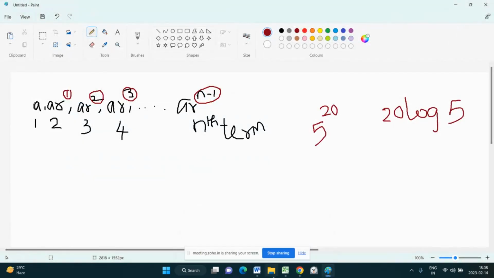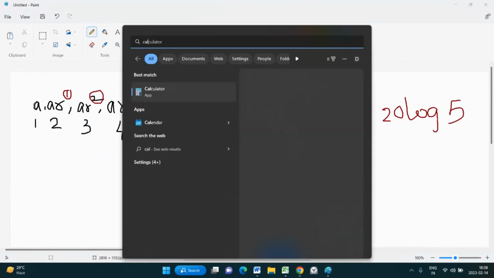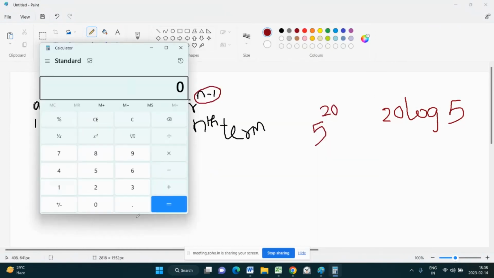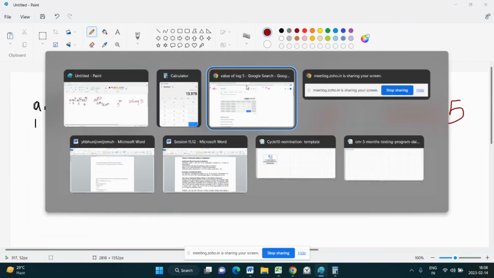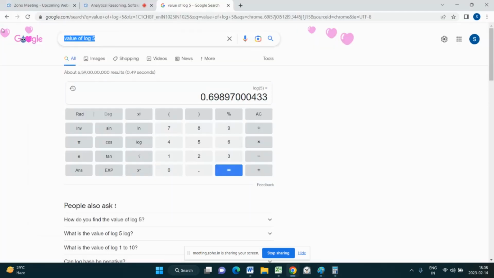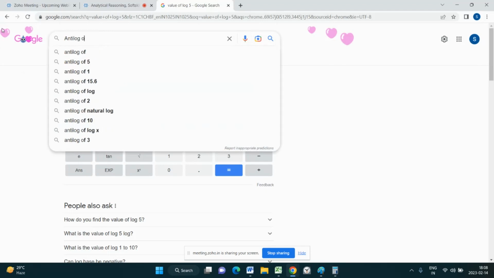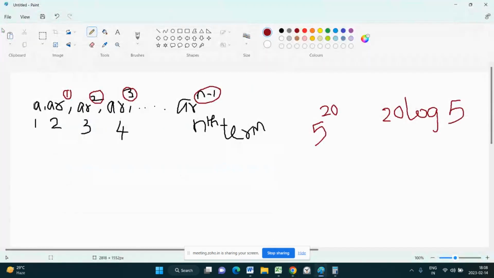Now I will use the calculator. 0.6989 into 20 is 13.978. Now I have to find the anti-log of 13.978.